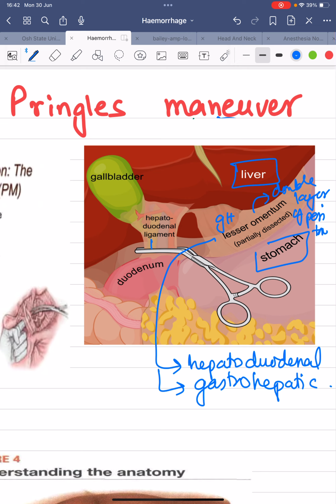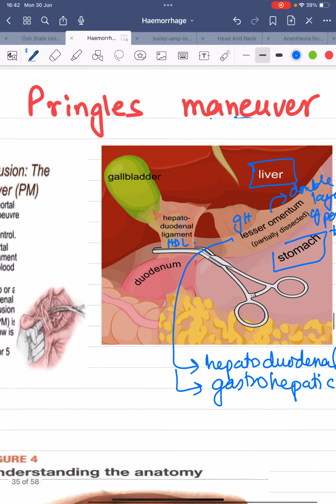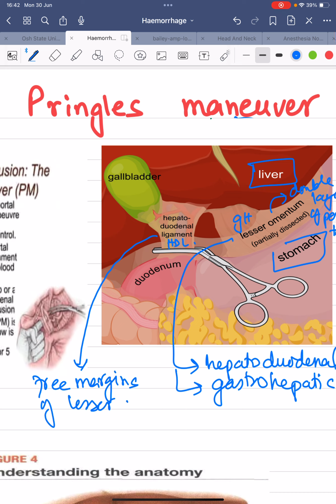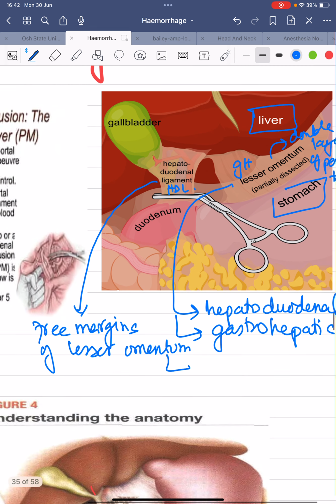In this hepatoduodenal ligament, or the free margin of the lesser omentum, you have structures present by the mnemonic DAVE. So what is DAVE? D is bile duct, A is hepatic artery, and V is your portal vein.